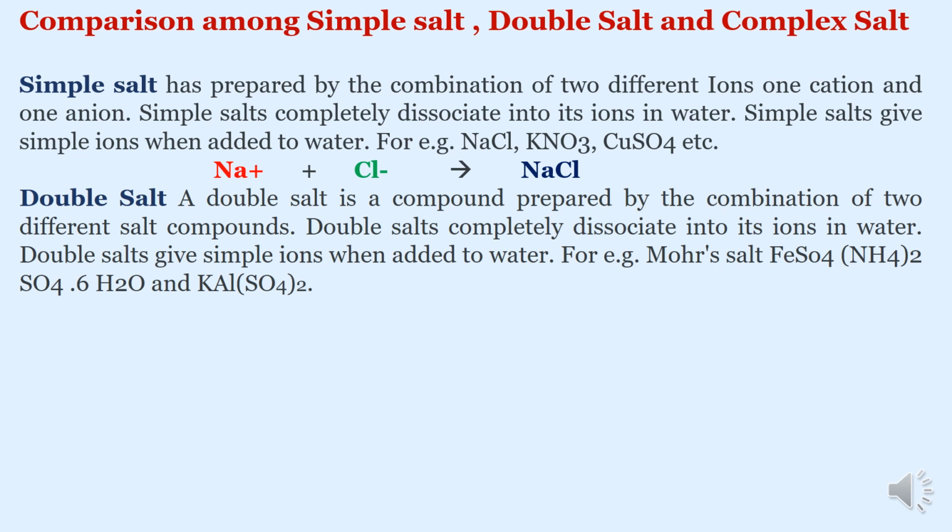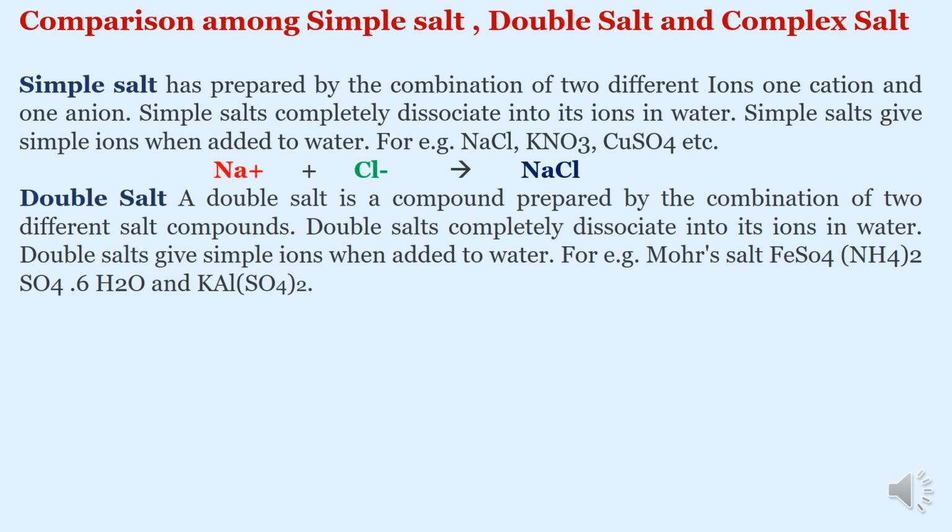Here the starting material is not simple ions, but a simple salt combined with another salt to form a double salt. And like the simple salt, the double salt completely dissociates in water into its simple ions, and gives simple ions when added to water.